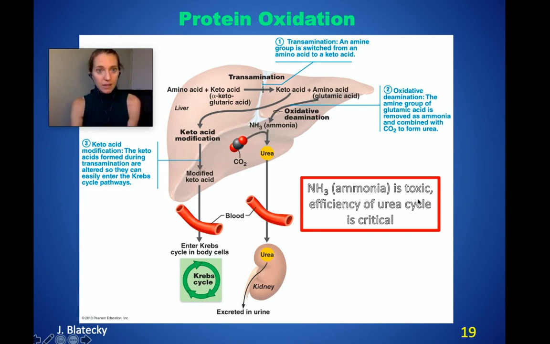Ammonia is toxic. And our liver is going to help us combine that ammonia with CO2 to make urea. And then from there, our kidneys are going to be responsible for regulating the amount of urea through the urea cycle and ensuring that we excrete much of it in the urine.